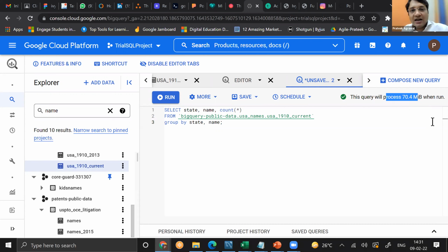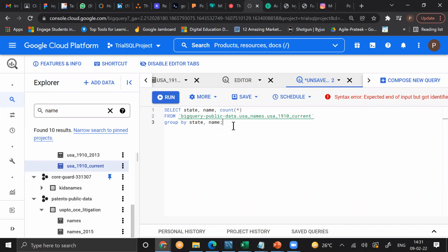So Google is going to charge the user. This is a free sandbox environment, but Google will actually charge the user that much money. Money is defined on the basis of how many megabytes are used. The more you use, the more money you would be charged. Is it making sense, guys?